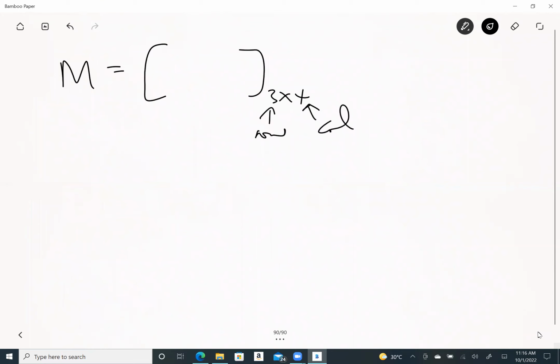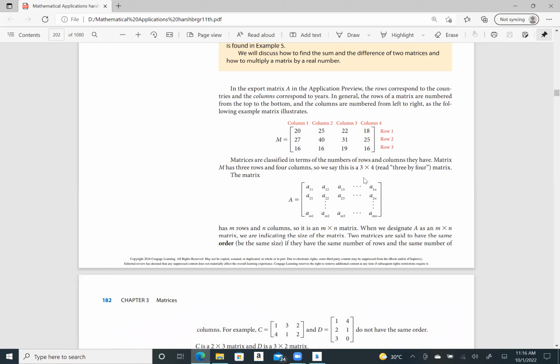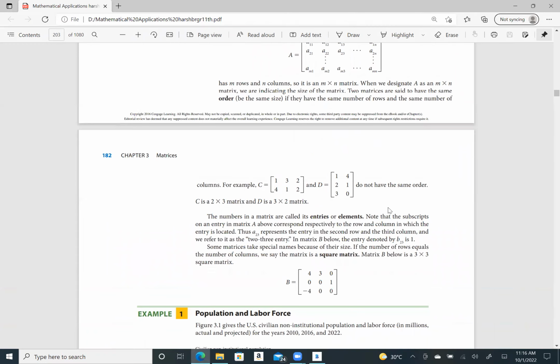Okay, so you can have example N, 5 by 6. So you have what? I have 5 rows, 6 columns. Okay. So that is a general notation of a matrix. Any question? So you have M by N, that is what you call the size of a matrix.